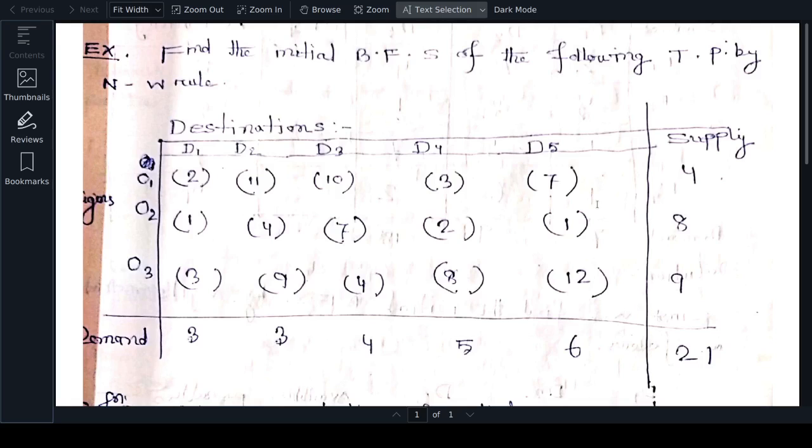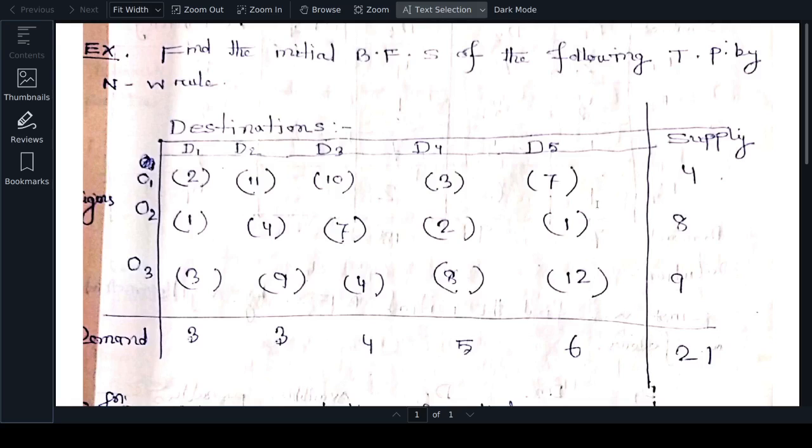Next, we apply the northwest corner rule, right? So what is the rule? First we take the top left corner.